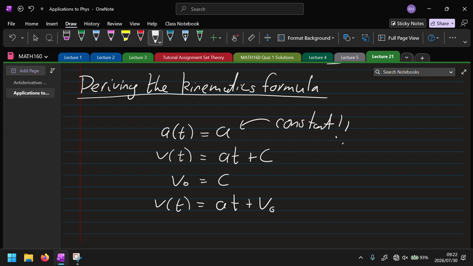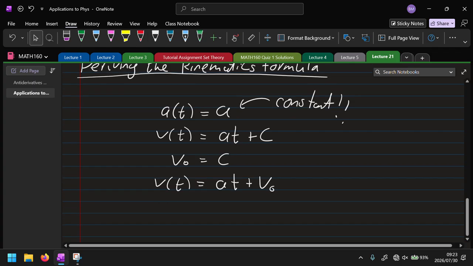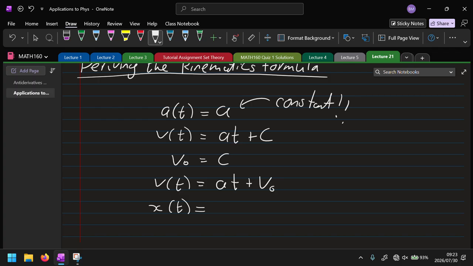Now we don't want the velocity, we want the position. So we do this one more time. So this at, add 1 to the exponent, that makes it 2, divide by 2. V naught, that's a constant, so we just multiply by t. Plus d. Because of the antiderivative, we must add d.